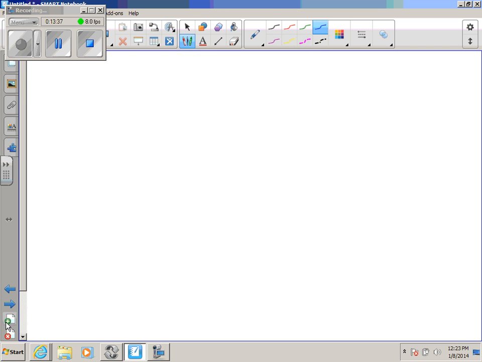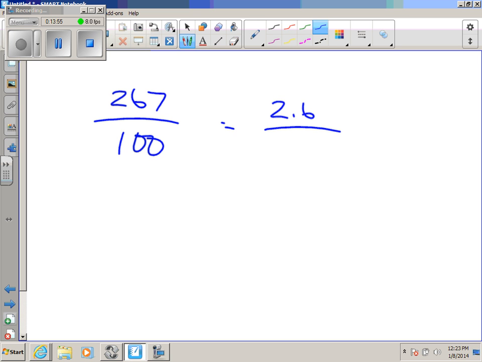So when you get something like this, 267 to 100, you're going to divide. Power of 10, how many zeros in 100? Move the decimal 2 places to the left. 2.67 to every 1.